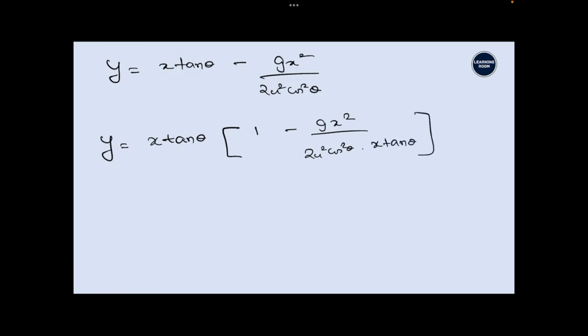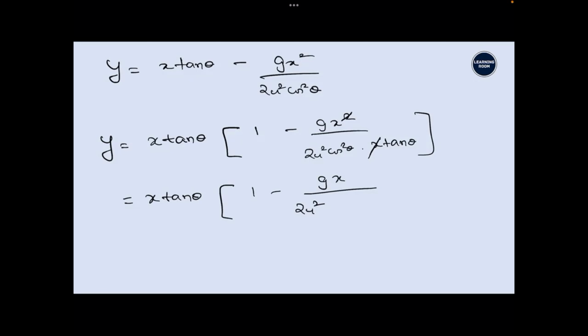That is x tan theta itself. So x and 1x is gone. So this will be x tan theta into 1 minus gx divided by 2u square cos square theta into tan theta. How much is that?